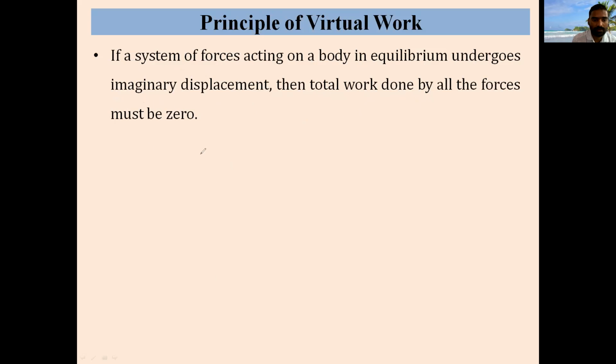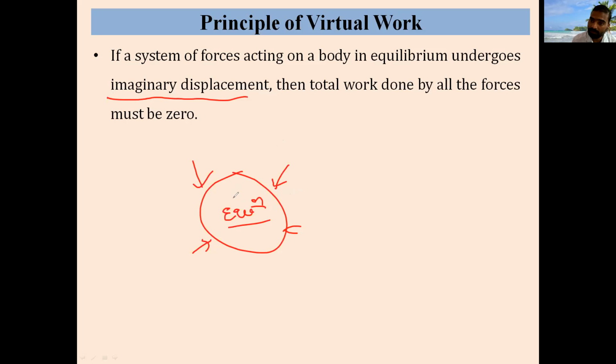I will take this. This is a body, acted on by many different types of forces. If the body is in equilibrium, it has undergone imaginary displacement, but ultimately the body is in equilibrium.